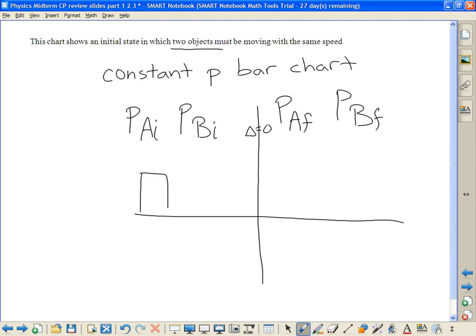Now let's start with the really obvious. Two bars that are the same size in the initial state. That's really obvious, right? Those are not moving with the same speed, necessarily. Why not? Because this is momentum, not velocity.